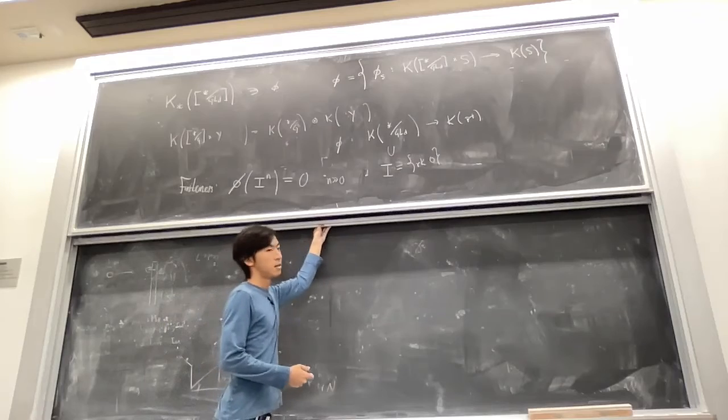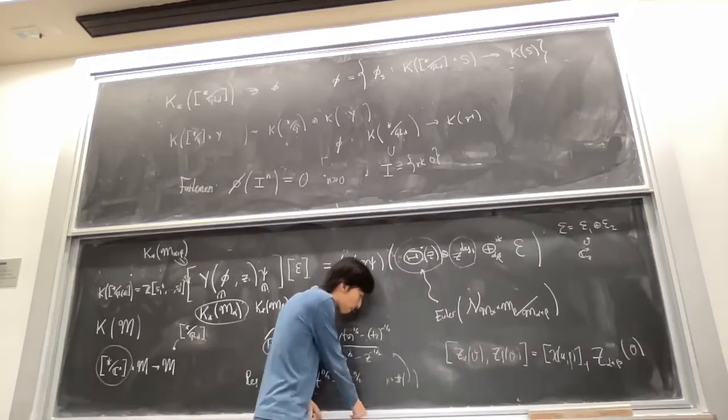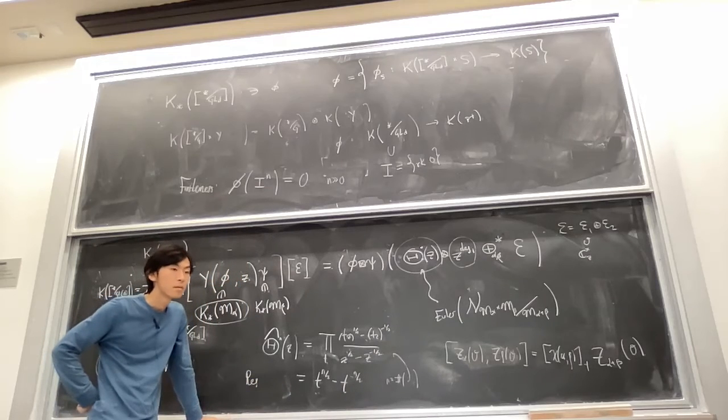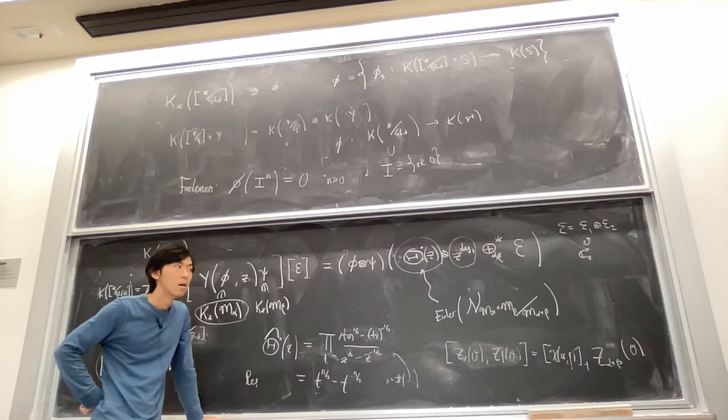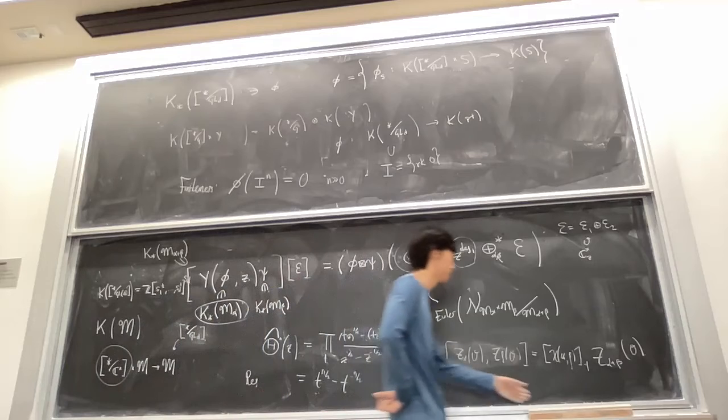You took the identity of the group. Distribution supported at that. That sounds roughly correct to me, but I can give a more geometric description if you want.